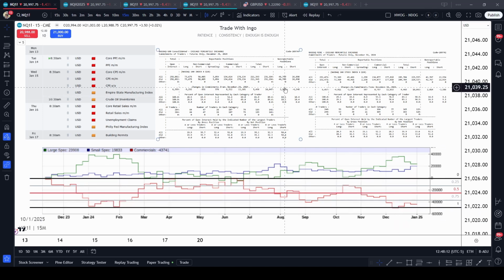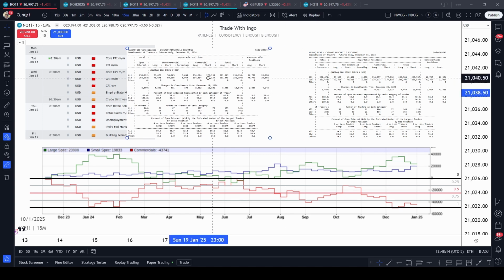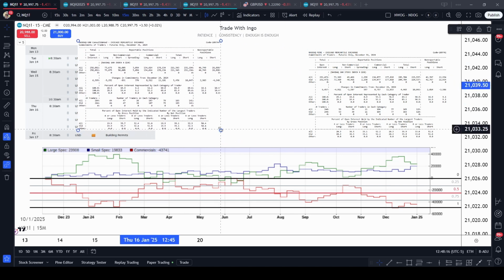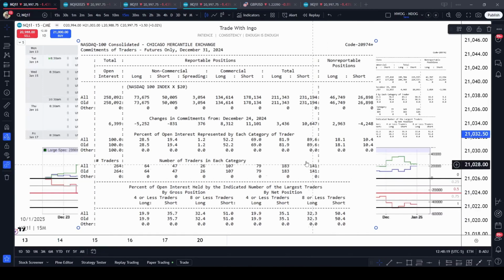If you go to the website of the CFTC, let's make this one larger.